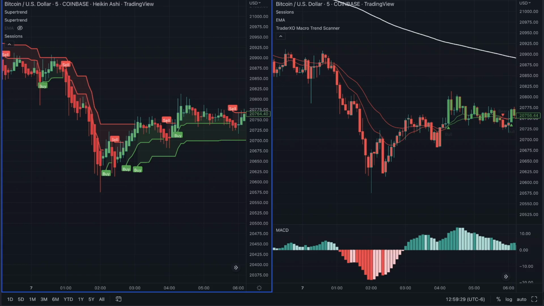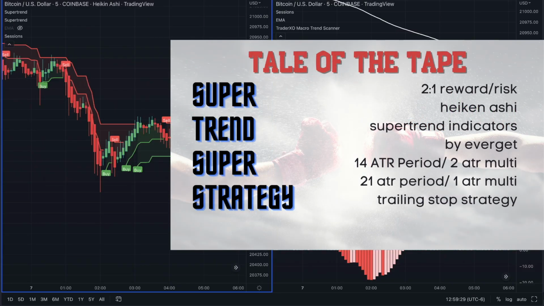And now let's take a look at the tale of the tape. For the Super Trend Super Strategy, it's a 2-to-1 reward to risk system featuring Heiken Ashi charts. We use a regular 5-minute chart to confirm the entry price. Heiken Ashi obviously is more of an indicator than an actual chart that you can use, but it works great.